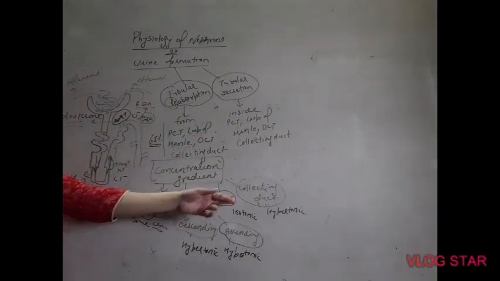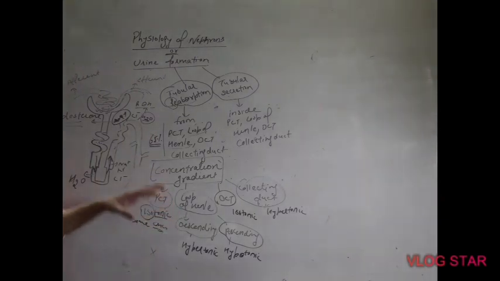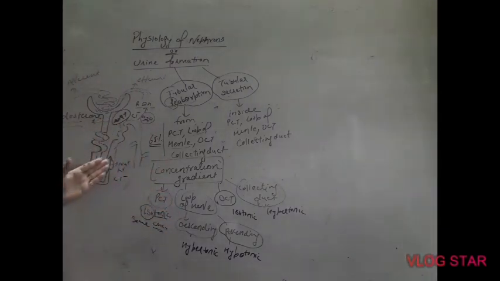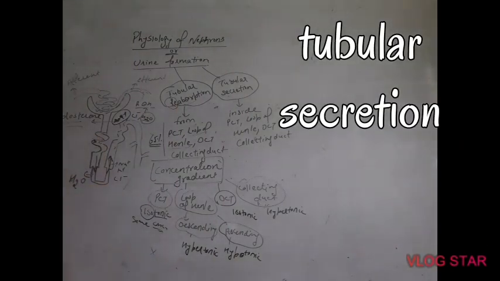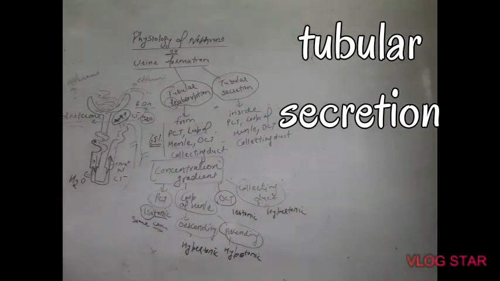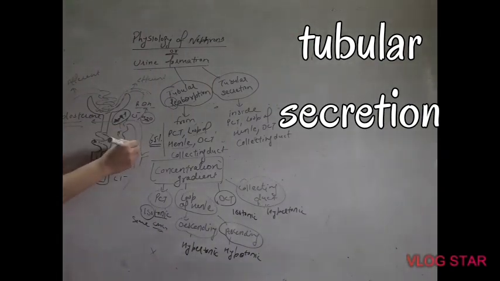All these parts of the nephron not only reabsorb substances from the glomerular filtrate into the blood, but they also secrete some poisonous substances. Some poisonous substances are secreted by the PCT itself into the glomerular filtrate, so that these can be removed out of the body. Then the loop of Henle also secretes some waste material, and the DCT and collecting duct similarly.